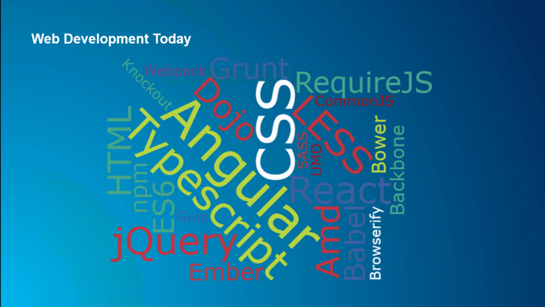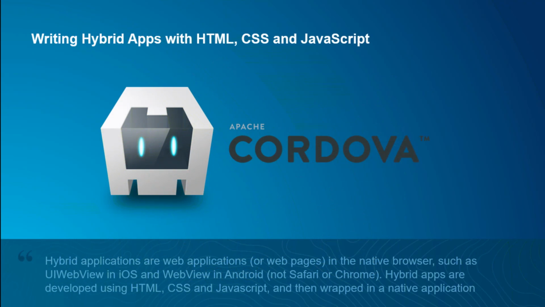And so what there is, though, within application development using your web development skills is a framework called Cordova. And Cordova allows you to use your web development skills to write a native app. Now I'm going to pass over to Lloyd, who's going to run you through a bit more detail about Cordova.